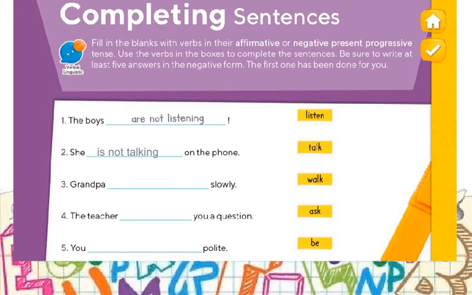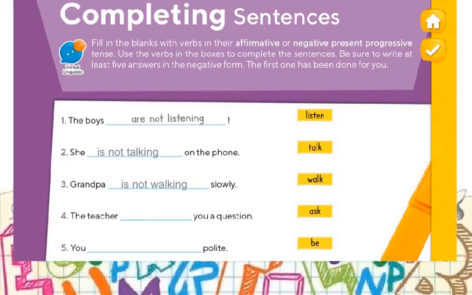She is not talking on the phone. Number 3, grandpa and the verb walk. Let's see, the answer would be grandpa is not walking slowly.